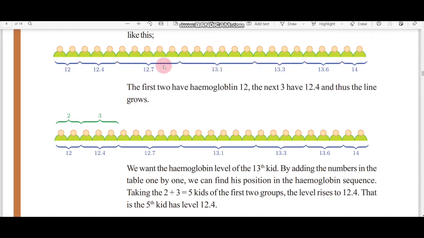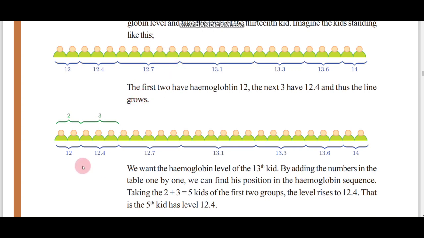Then who is in the middlemost position? The child in the middlemost position is the median child here, and that child's hemoglobin level is considered as the median hemoglobin level.